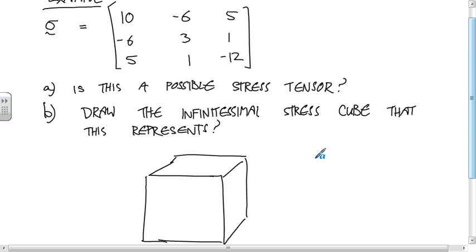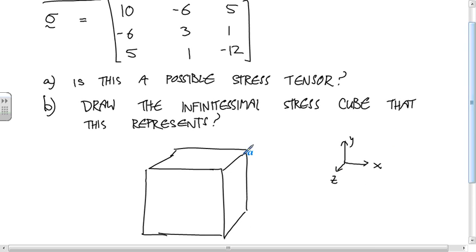So you need to decide what's going to be your x direction, y direction, and z direction. I'm going to do it the way I did it last time. And now each of these faces is going to have a vector of force per area acting on it.